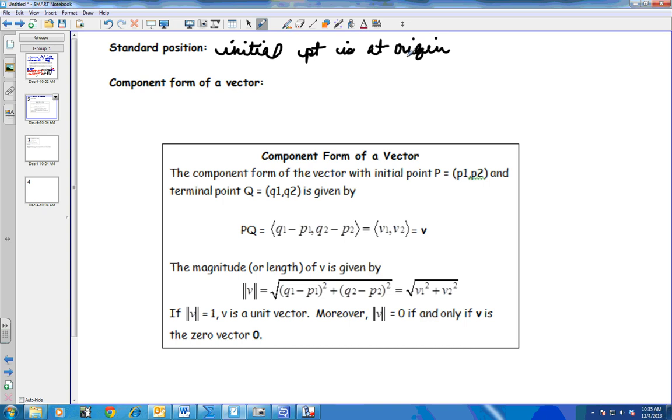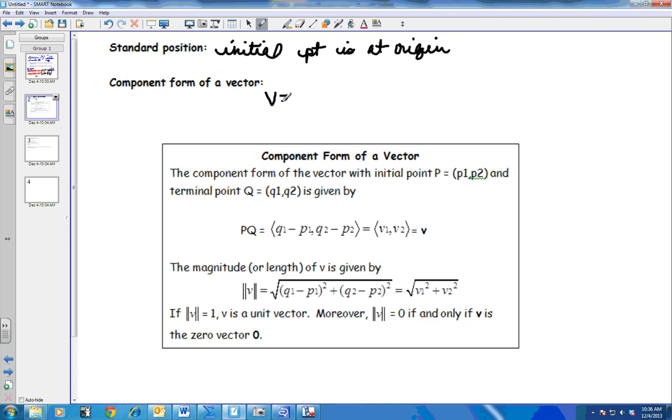So remember, we're going to have two points in order to find a vector. It's initial point and terminal point or stopping point. And for a vector to be in standard position, its initial point has to be at (0, 0). A vector that is in standard position can be represented in what they call component form of a vector.